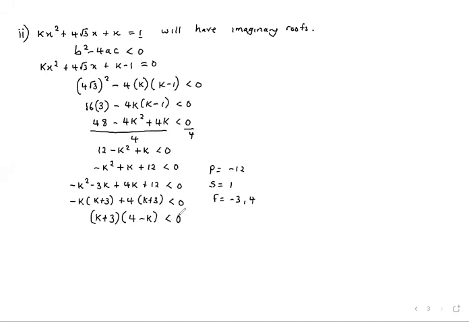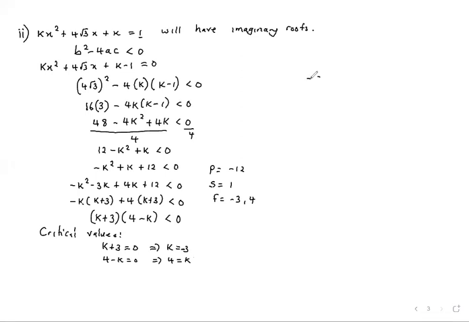So we are saying critical values. Remember, we have a product again. So critical values: k plus 3 is equal to 0, giving us k is equal to negative 3. 4 minus k is equal to 0, giving us 4 is equal to k. Then we test on a table.